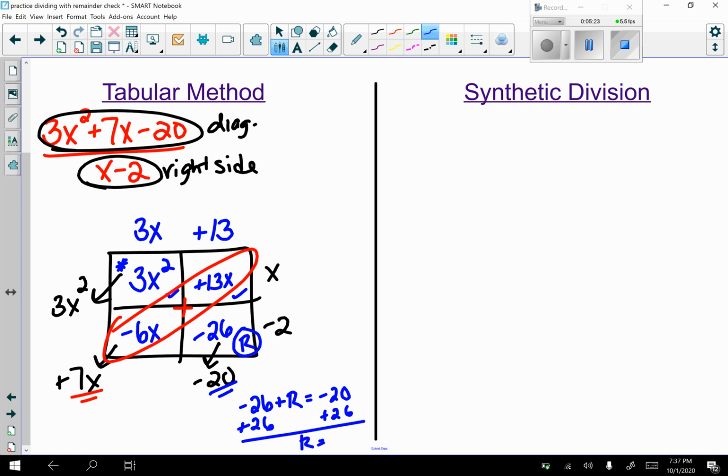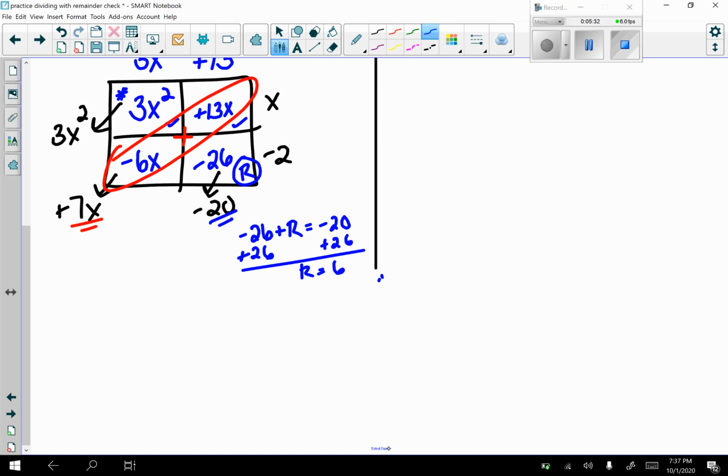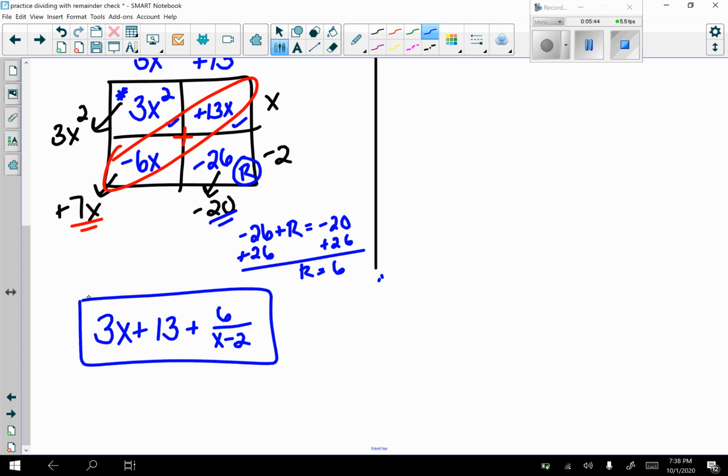My remainder is 6. So if I'm putting my answer in the correct form, my quotient, 3x plus 13, plus my remainder over my divisor. So that's the review of the tabular method.